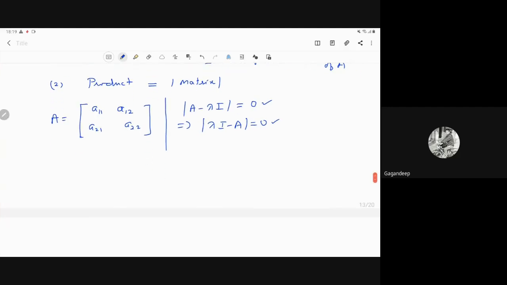Write it in full determinant form. What do you get? Lambda minus a11, minus a12, then minus a21 and lambda minus a22, equal to 0. Solve this determinant. What do you get?